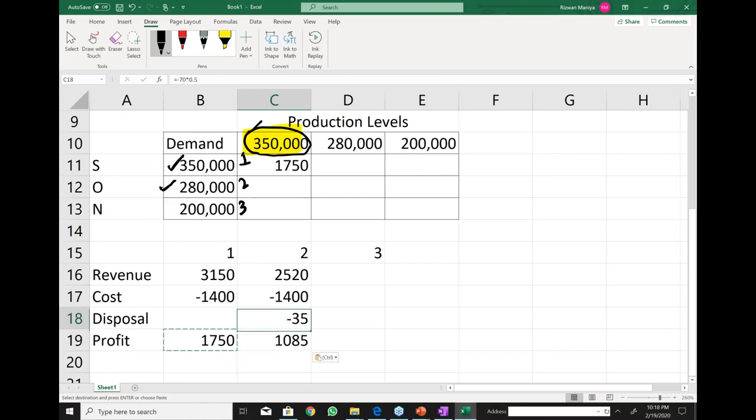And this is 1085. So, this is the most confusing part, where people ignore the fact that if you have sold 280, your cost is not compulsorily on 280, because you have to take a decision before you know what the demand is in the future.